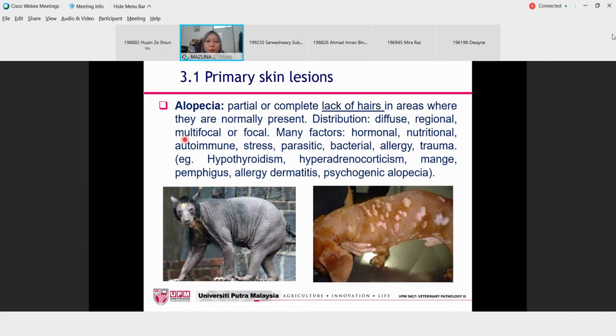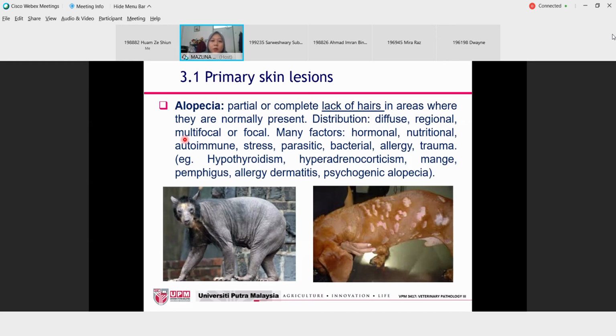When the immune system attacks the skin, definitely the skin will become damaged, or even the hair follicle will become damaged. That's why there'll be no hair growing there. Stress also can lead to alopecia. During stress time, a lot of hair will be shed. Okay. Parasitic disease can also lead to alopecia, bacterial infection, allergy, even trauma.